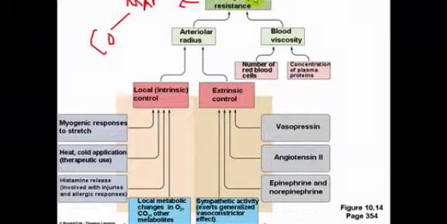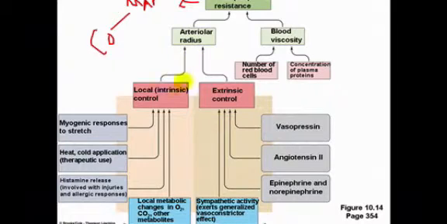Two things that affect total peripheral resistance: arterial radii and blood viscosity. We talked about blood viscosity, number of red blood cells or your hematocrit, and I forgot to mention this, the other thing is the concentration of plasma proteins in the blood. That can also increase viscosity. But mostly we just talked about the arterial radius, things that are going to affect the diameter, vasoconstriction, vasodilation.